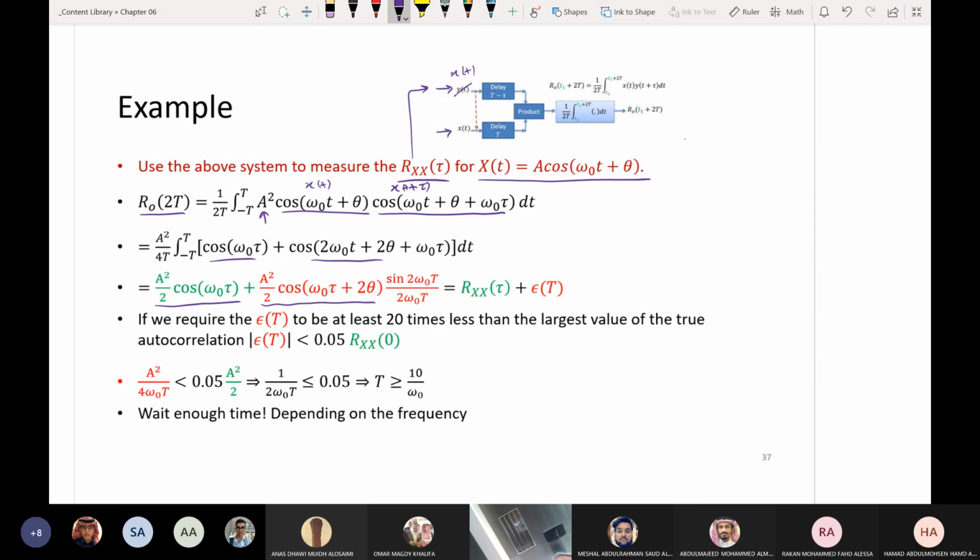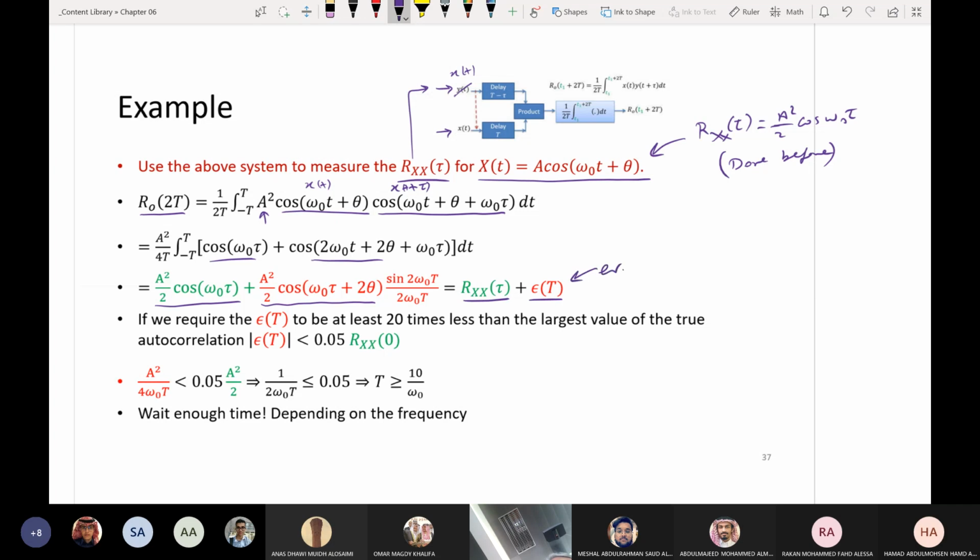However, remember when we calculated rxx of tau, we got a squared over 2 cosine omega 0 tau. We did it before, if you remember. So basically this looks like the ensemble autocorrelation function plus some error.